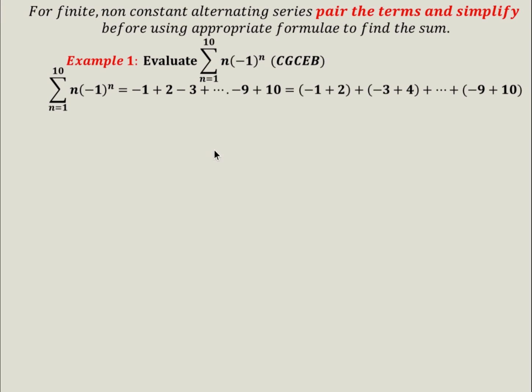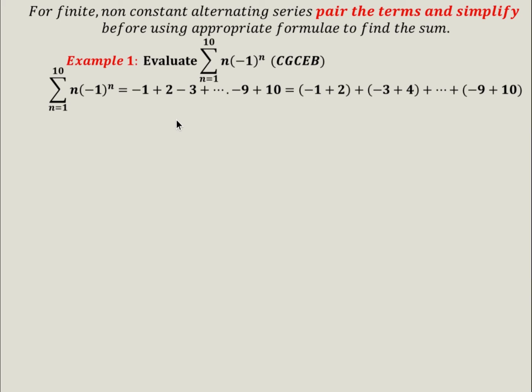So in order to evaluate, we need to write out the terms so that we can see the pattern that the terms are following. When you write out the terms, you have first term, when n is 1, you get 1 into negative 1 to the power 1, which gives negative 1. The second term, when n equals 2, you have 2 into negative 1 to the power 2, which will give 2, and the terms would keep alternating from negative to positive.